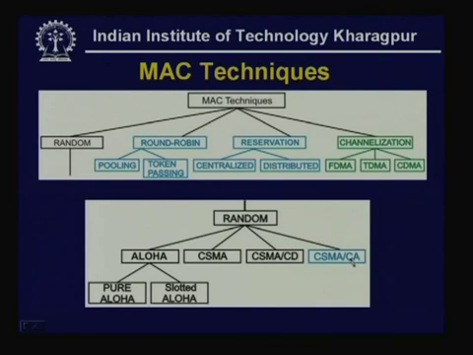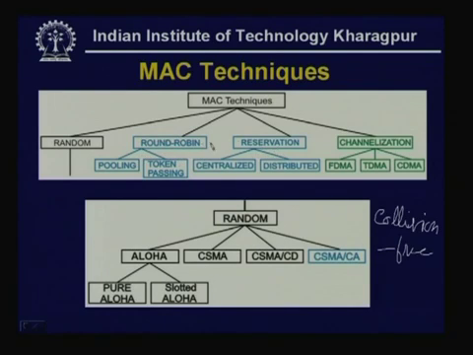And in the last lecture, we discussed the collision free protocols, where the collision is avoided, and there are a number of techniques, one of which is known as CSMA-CA, carrier sense multiple access with collision avoidance.